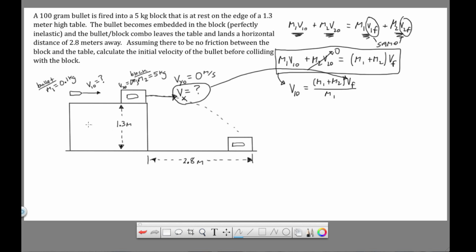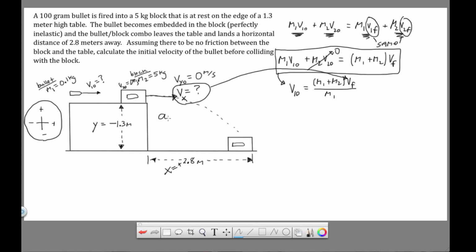Okay, so let's figure out all the stuff we know for our projectile motion calculation. This 1.3 is our y displacement, and it's negative. Remember, our sign convention is plus, minus, plus, minus. So this 1.3 is negative because the bullet-block combo travels down 1.3 meters vertically. This 2.8 is our x displacement, and that's positive.